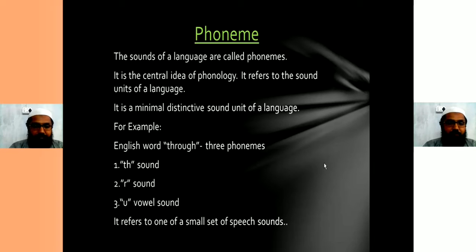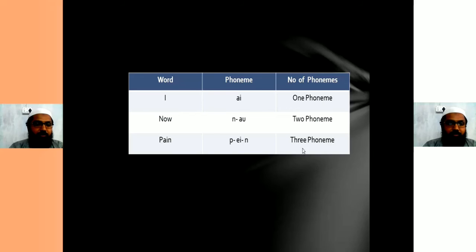In a single word, you can find many phonemes. It refers to one of a small set of speech sounds. It is clear that a phoneme is nothing but the smallest unit of speech sound.